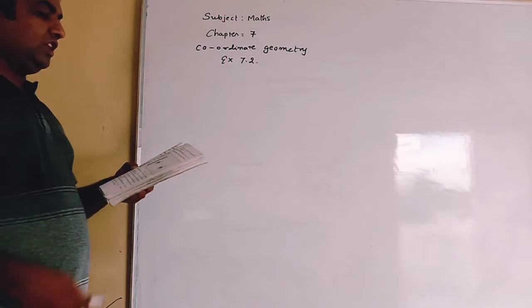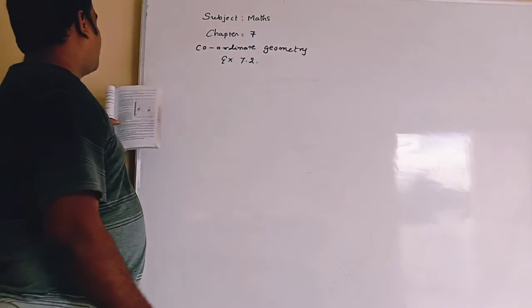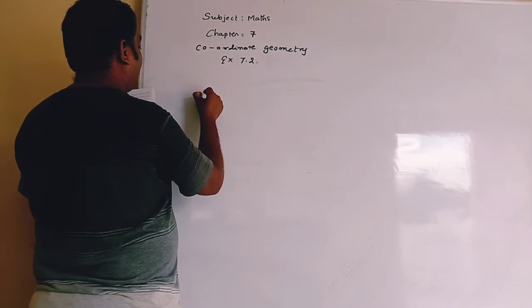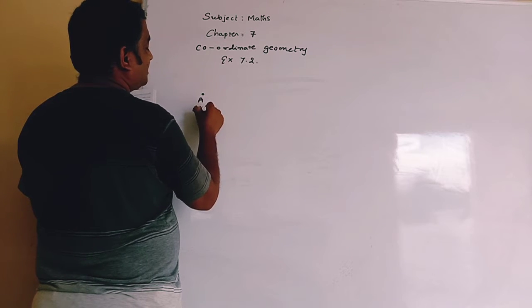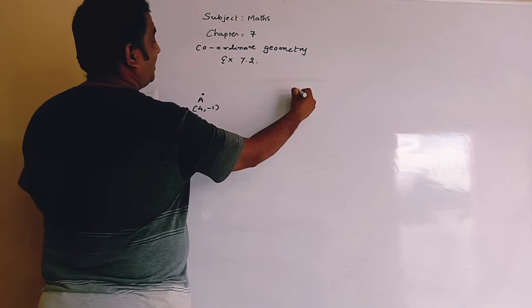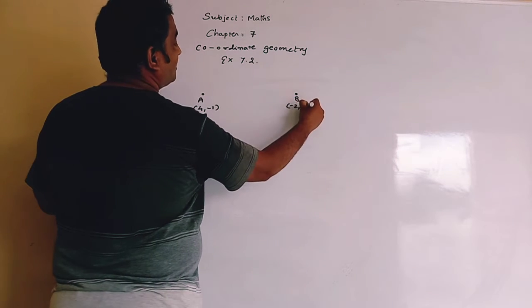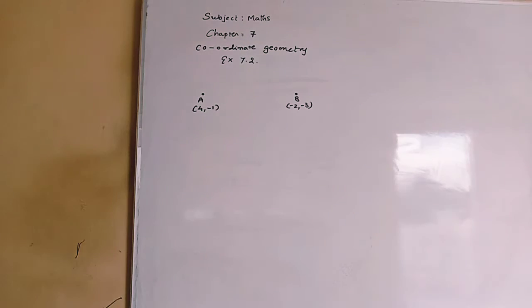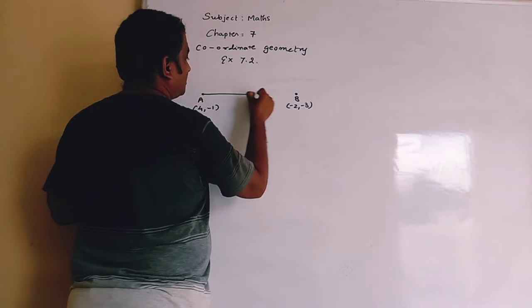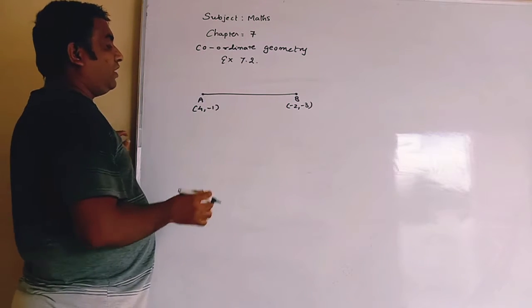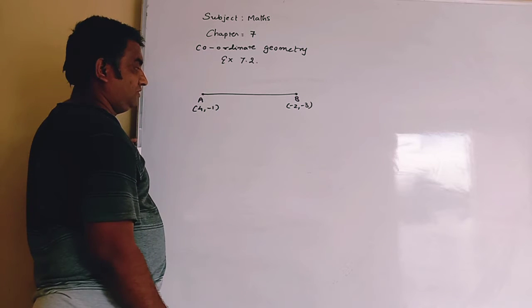Question 2: find the coordinates of the points of trisection of the line segment A (4, -1) and B (-2, -3). So we have A (4, -1), B (-2, -3).